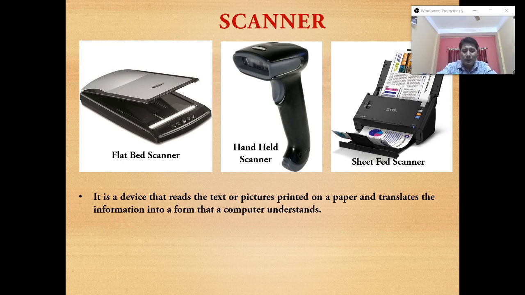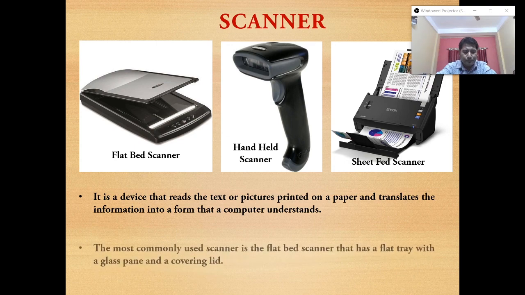Suppose you have a photograph of your family and you want to keep it as a wallpaper on your desktop or laptop. So in this case, we will just scan the picture, and once we scan the picture, the copy of that picture or photograph will get stored into the computer and we can use it as a desktop background.